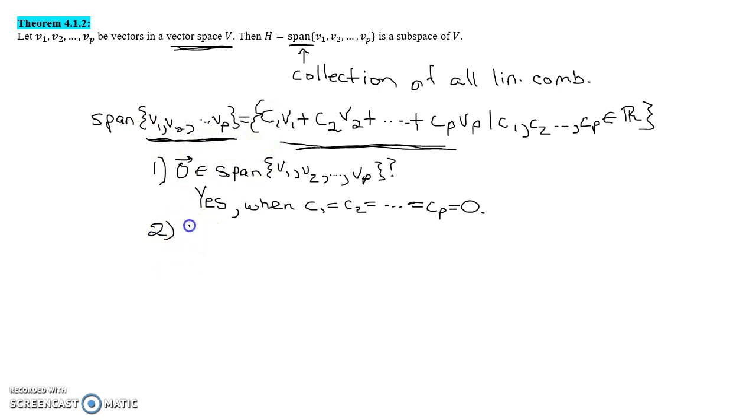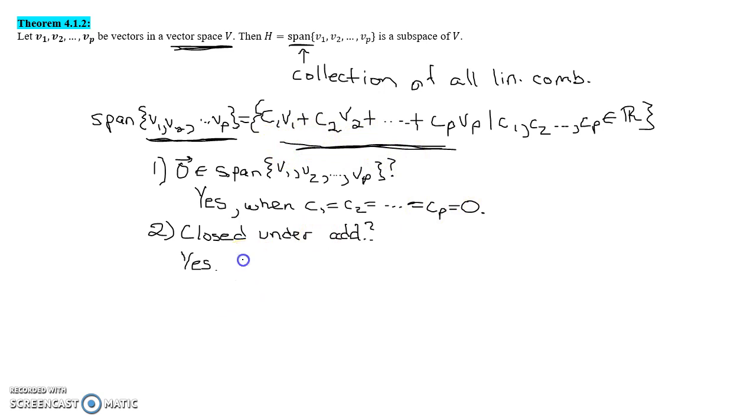Is it closed under addition? Well, the answer there would be yes. If we take the sum of any two vectors in the span, then the result is going to be another vector in the span.